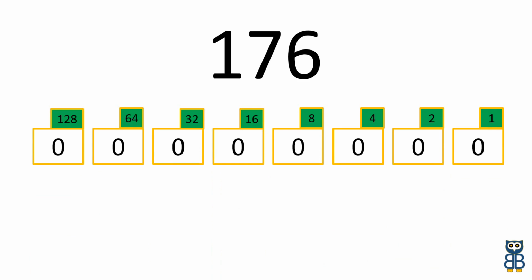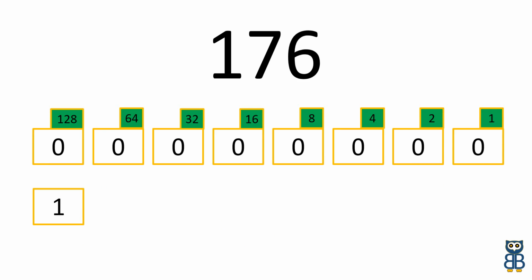Is 128 less than 176? Yes, it is. Now we can turn on the value. In the next section, we need to choose value 64 and make addition with value 128. Now, we need to check whether the total of values 128 and 64 is less than 176 or greater than 176.